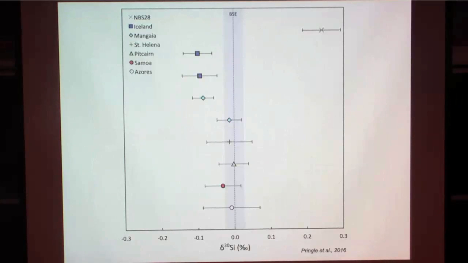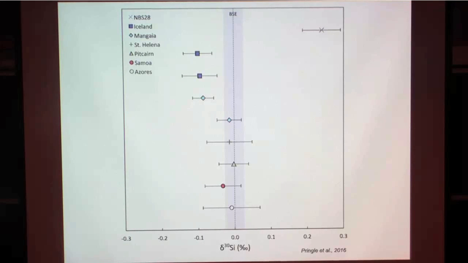And then last week, Matt Jackson is a co-author on this paper. This article's still in press. Emily Pringle, who's a PhD student at IPGP, this paper just came out where they've looked at samples more selectively, right? They're not just measuring all samples.